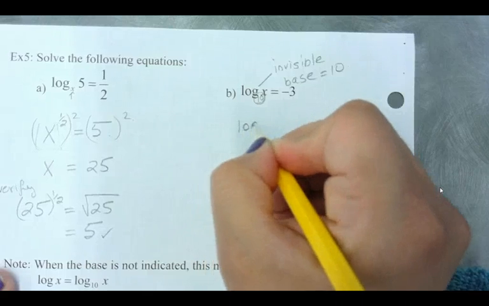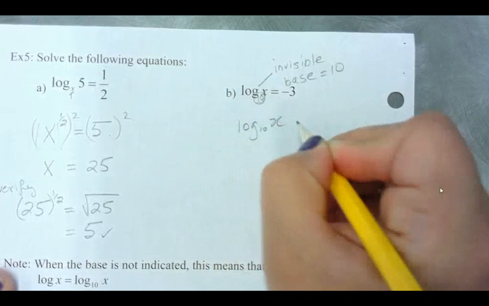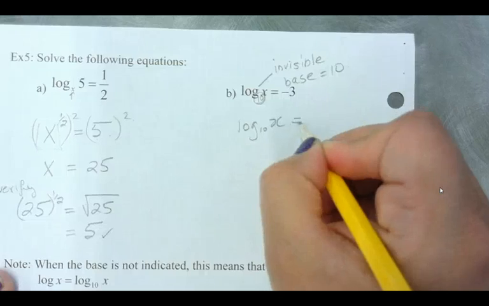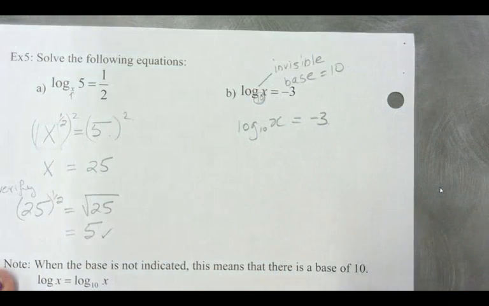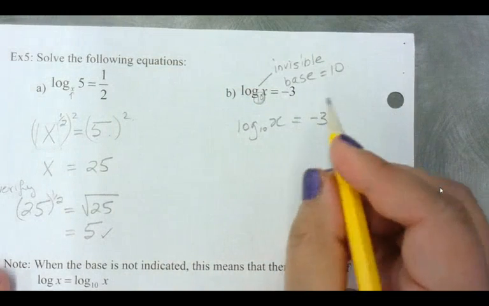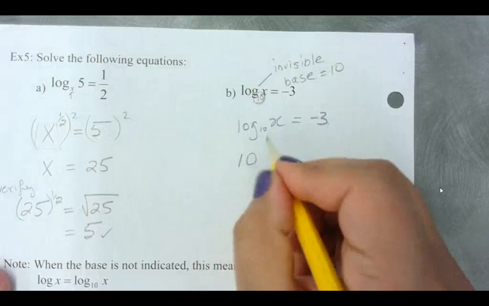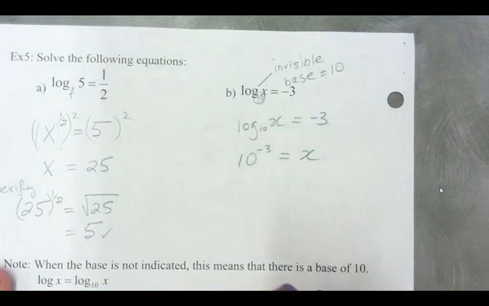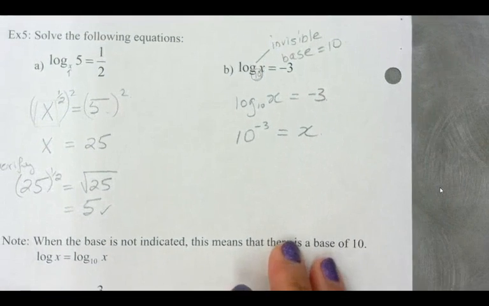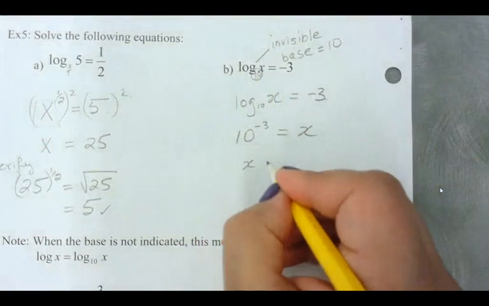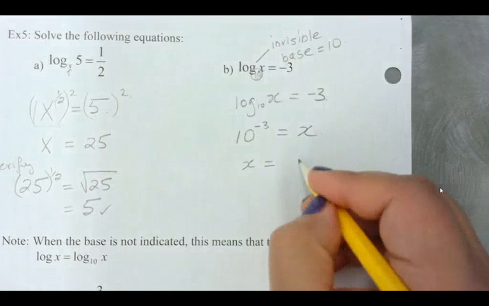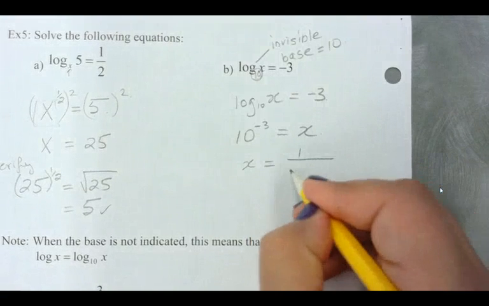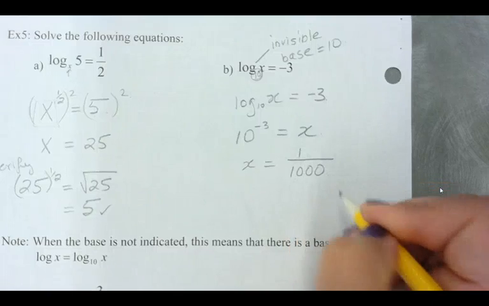So I could rewrite it for myself as log base 10 of x equals -3. So what am I trying to figure out? 10 to the power of -3 equals x. And then what do we get for x? x equals 1/1000.